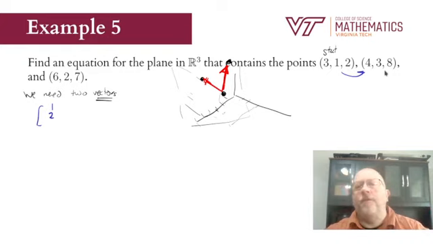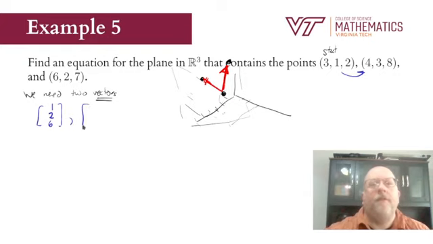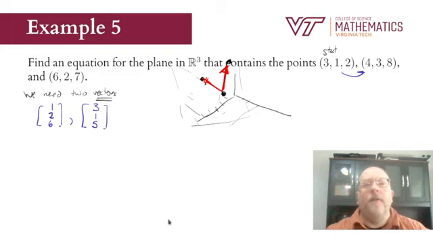In the third coordinate, that's 2 to 8. That's 6 units. And I'm not adding them yet. The second vector goes from 3 to 6, so that's 3 units in the x direction. 1 to 2, that's 1 unit in the y direction. 2 to 7, that's 5 units in the z direction.